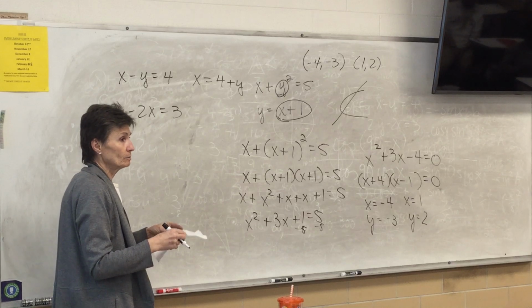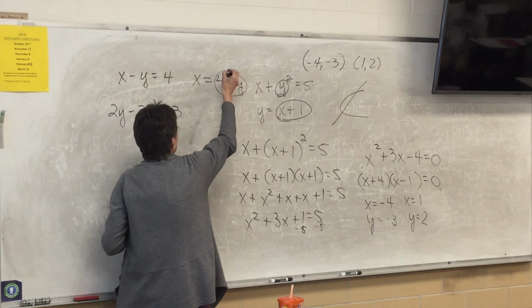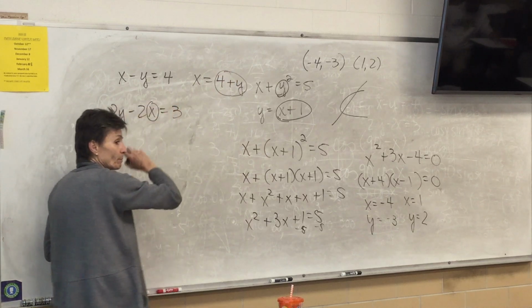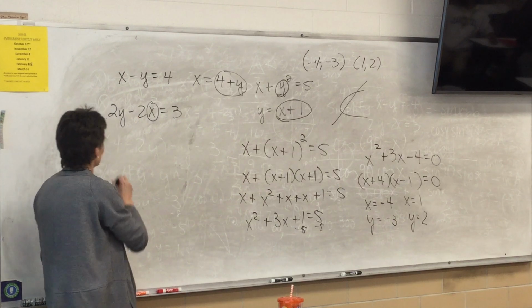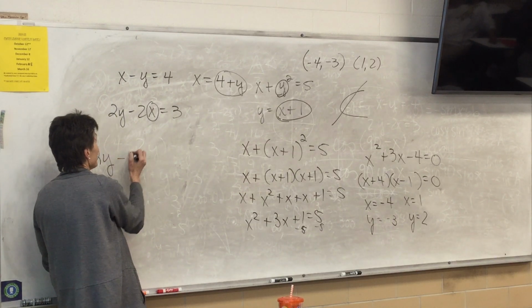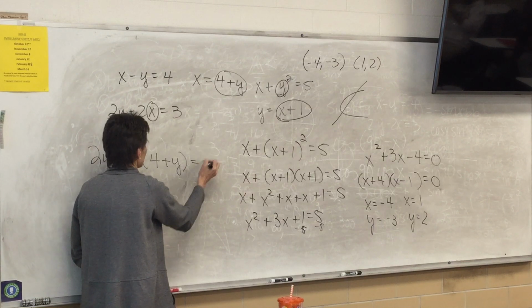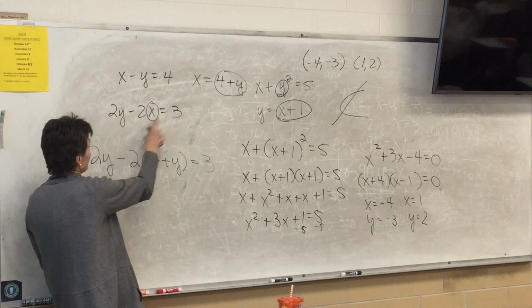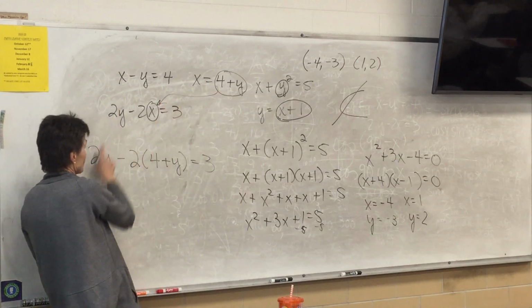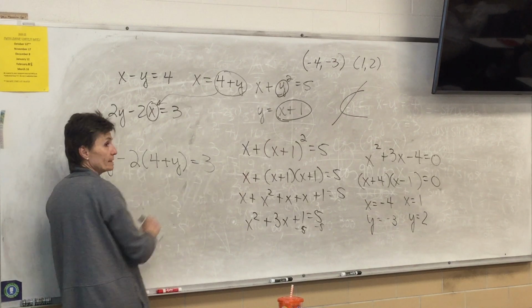Now what do we do? Take this right here and plug it in right here. Remember, you're plugging it in for x. So 2y minus 2 times 4 plus y equals 4? No, 3. I'll plug it right in here. So 2y minus 2 times 4 plus y equals 3.